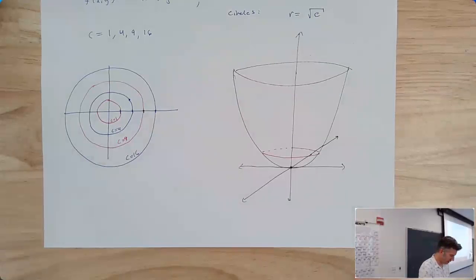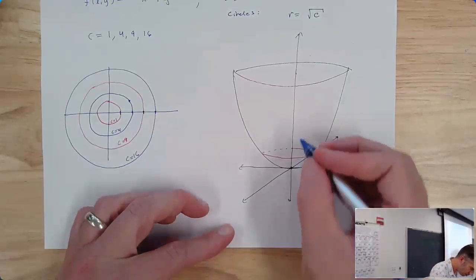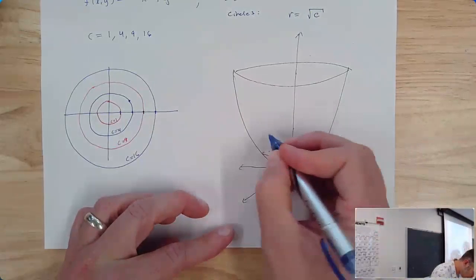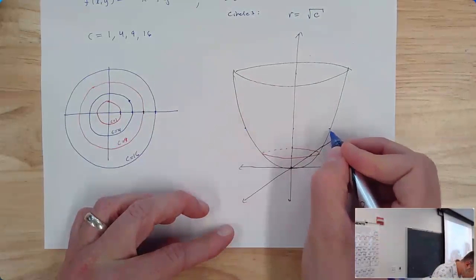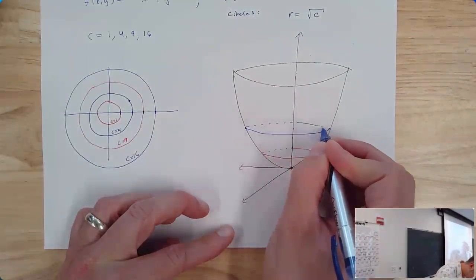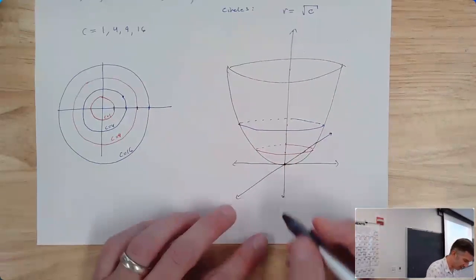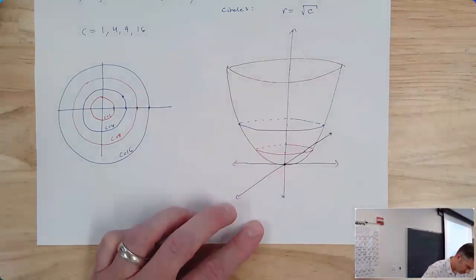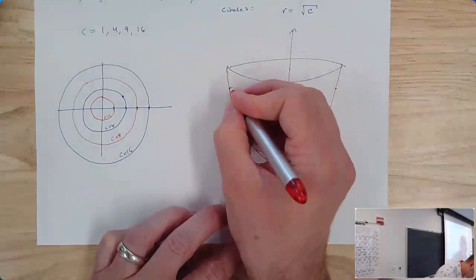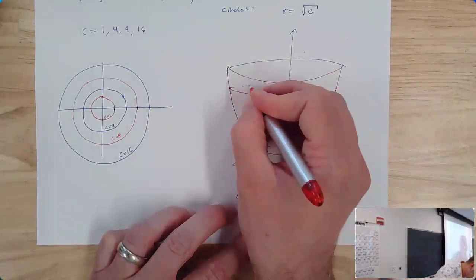And then I went up to a height of 4, and I got that level curve. And I went up to a height of 9, and got that level curve.